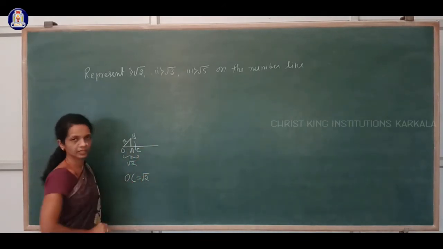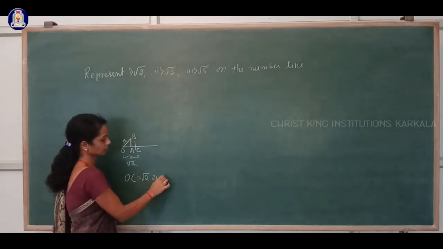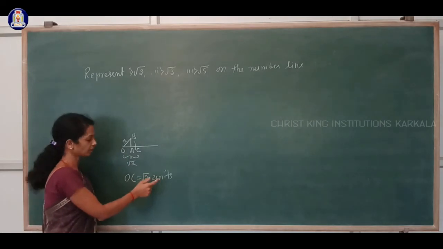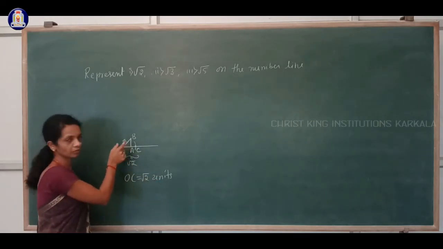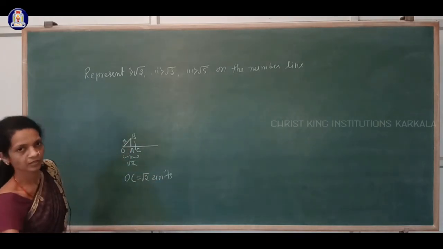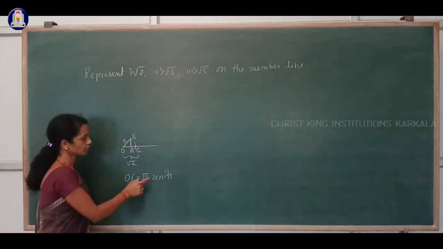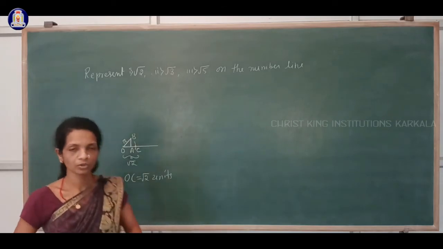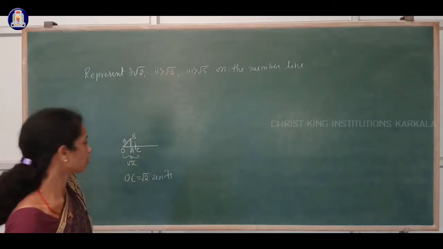OC length is root 2 units. In your book that is root 2 centimeter, but here this is 1 unit, and in this scale that unit is different. So this OC is root 2 units. Like that you have to represent root 2 on the number line.